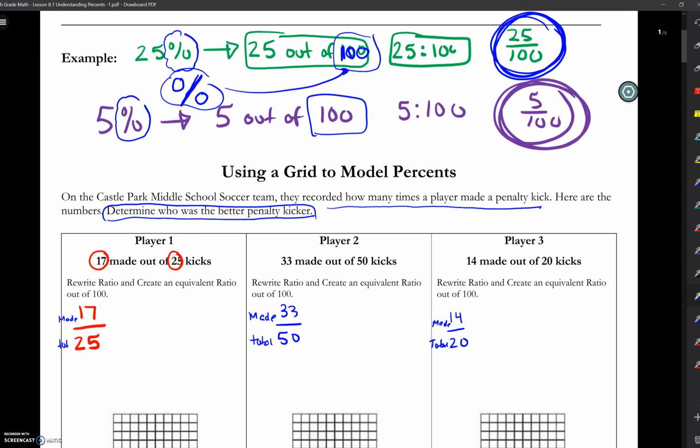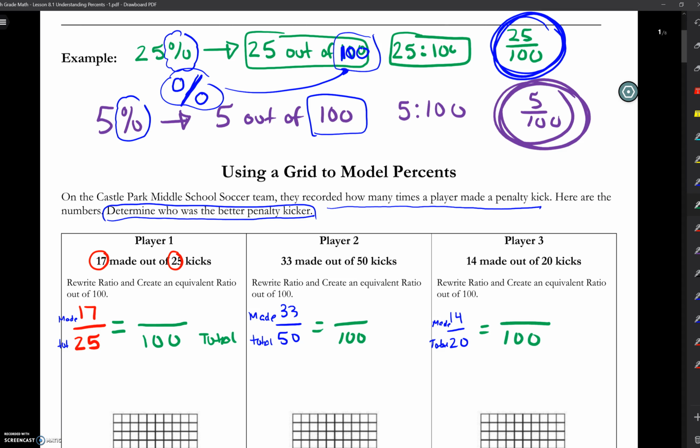The easiest way to do that is to use what we learned last time with ratios and proportions and do an equivalent ratio. And this is our total. This tells us we're going to end up with a percent out of 100 and out of 100.